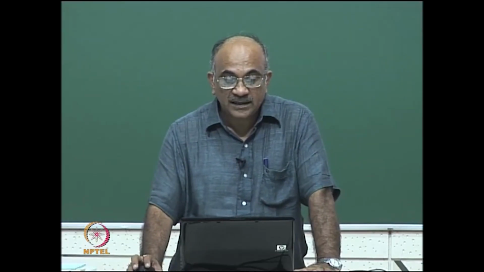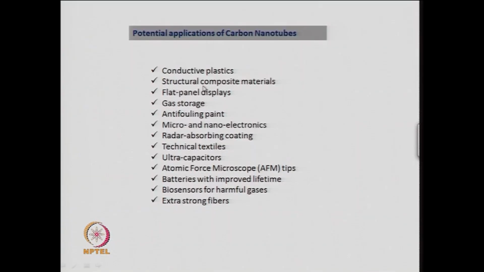Now, a large number of applications I have listed here in industry. So, starting from conductive plastics, structural materials, because these are very mechanically strong, flat panel displays, this comes from the unique electronic properties of carbon nanotubes. Then we will discuss about gas storage and several other properties using tips made from carbon nanotubes in AFM.